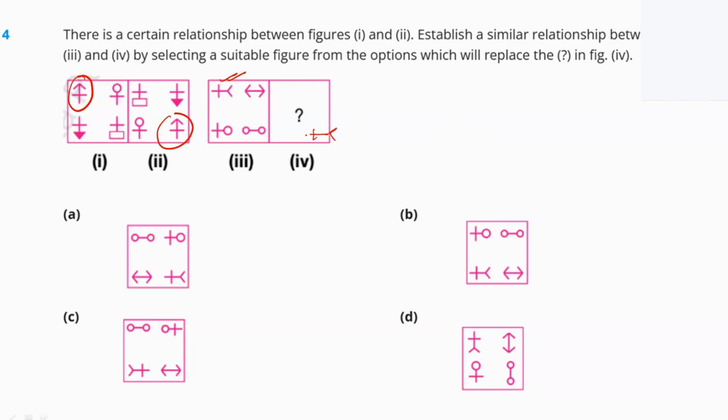Then this pattern is given on the right hand corner, so this pattern should be here in the corner. So this pattern here should be over here. Where do we find this kind of pattern, in which option? We have it in option number A. Can you see? So A is our right answer.